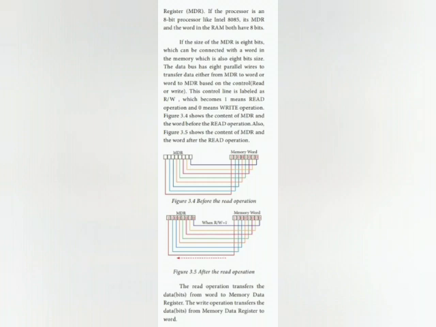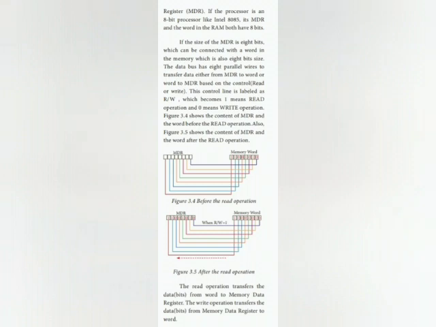The memory data register, which is 8 bits, can be connected with a word in the memory which is also 8 bits in size. The data bus has 8 parallel wires to transfer data either from the memory data register to the word or from the word to the memory data register based on the control.